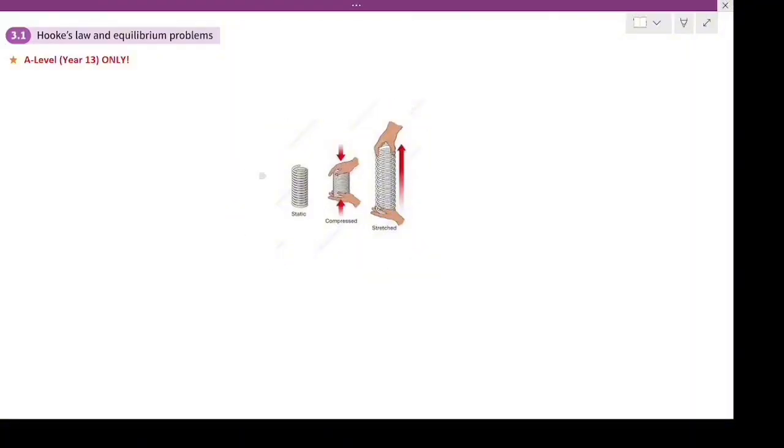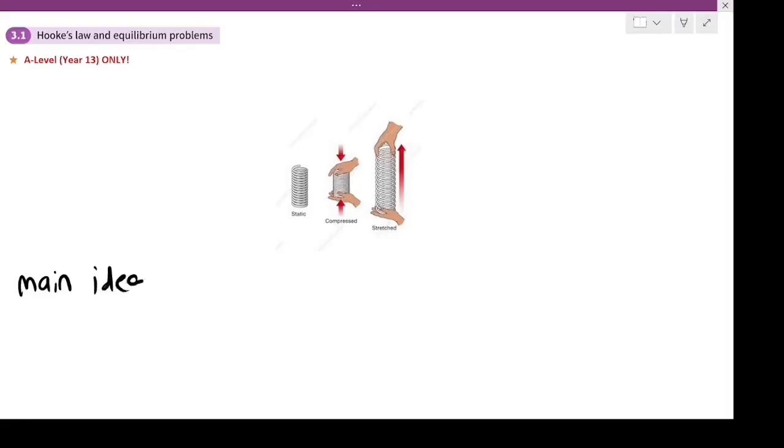When we compress or stretch a string, that produces a force in the string. For example tension, which you might be very familiar with.